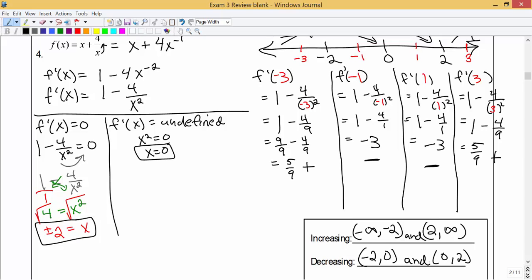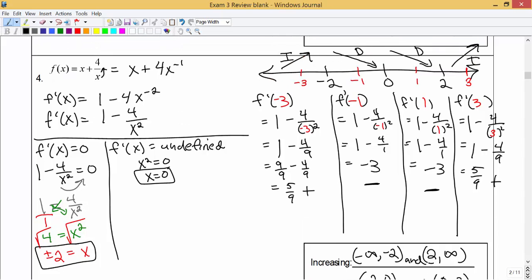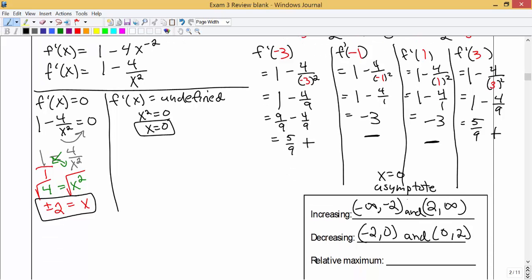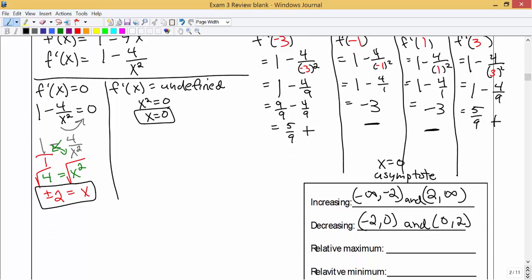Now we cannot lump those together into the same interval, because at x equals 0, if we look at the original function, x equals 0 would cause the original function to become undefined. At x equals 0, there would be an asymptote there. And since there's an asymptote there, we can't actually include 0 as part of our intervals for which we are decreasing. So these must be in two separate intervals.